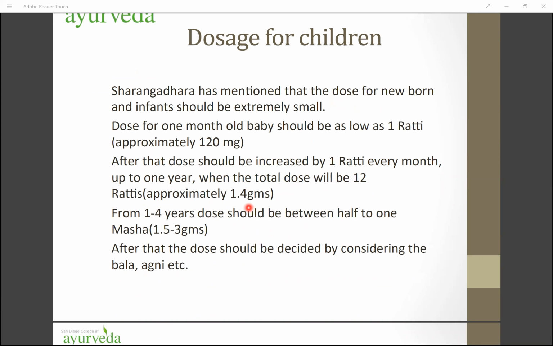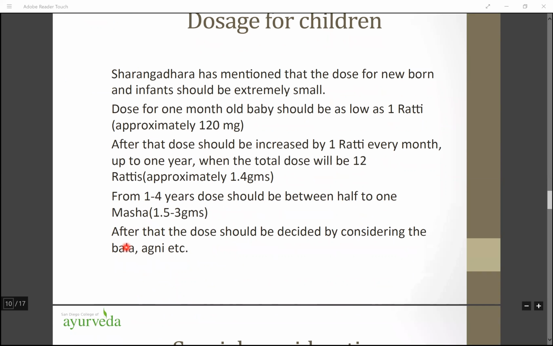For children between 1 to 4 years, the dosage should be between half to 1 masha, which is about 1.5 to 3 grams of medicine. After that, you look at the bala, the agni, and all that of the person, and then decide how to give. For small children and for adults also, the weight comes into the picture, especially for small kids. So based on the weight, and how they digest the food, you can decide the dosage.